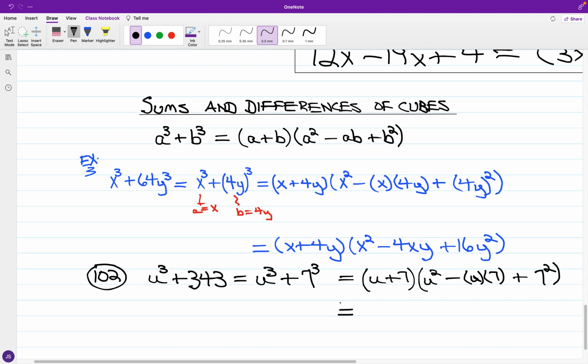So in the follow through, you have the quantity of u plus 7 times u squared, and then minus u times 7, so the subtraction of 7u. And 7 squared comes out to 49.